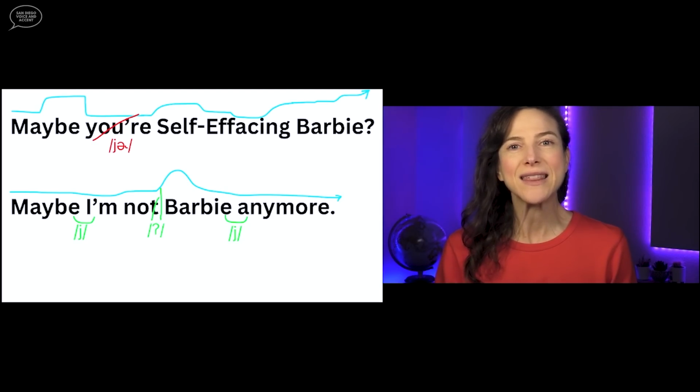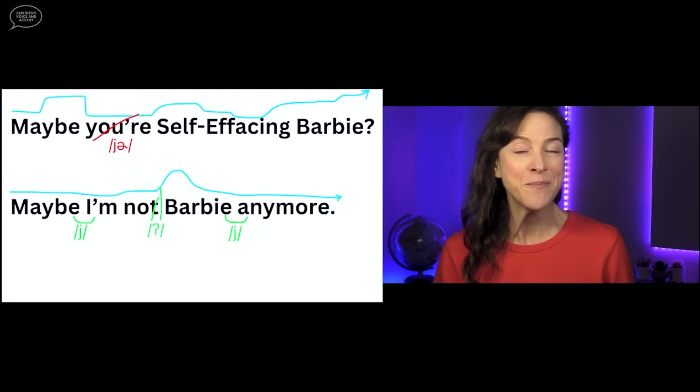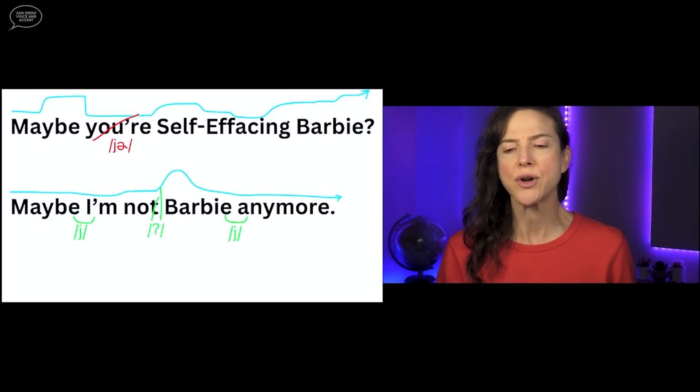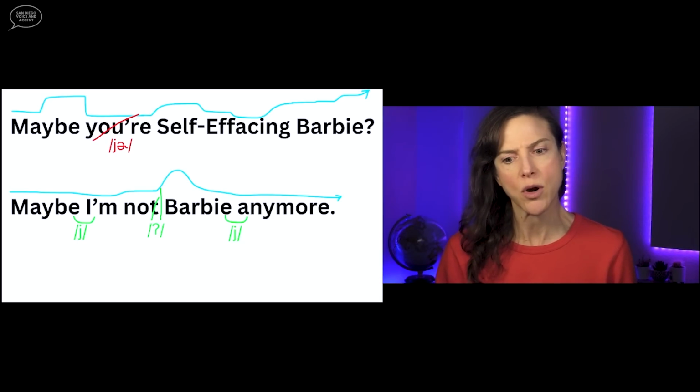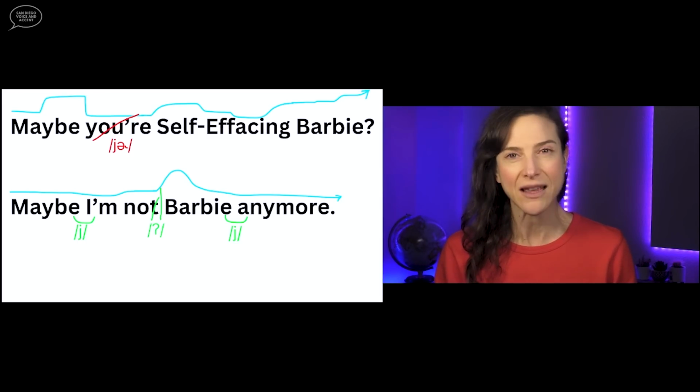So I really like the intonation that you're going to hear in these two sentences. The first one, again, is more like a question, like not quite sure. She's just putting this idea out there. But Barbie's much more, she's realizing something here. Maybe I'm not Barbie anymore. So very nice intonation patterns here that really convey the meaning that they're going for.